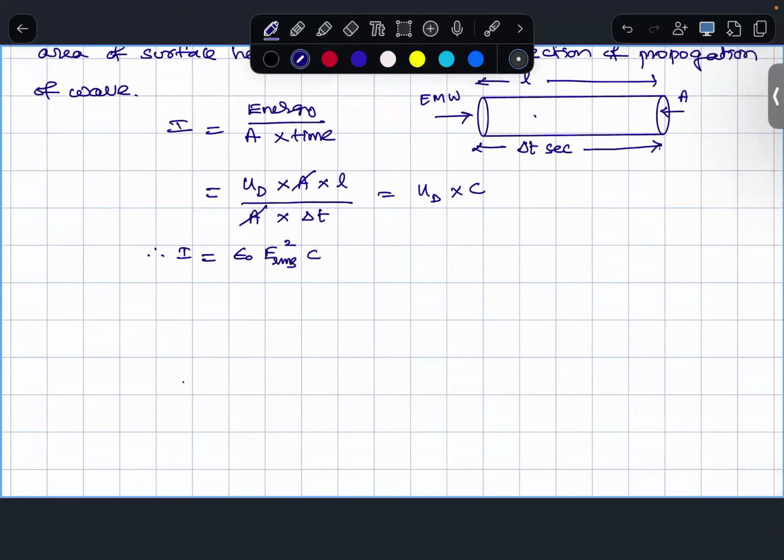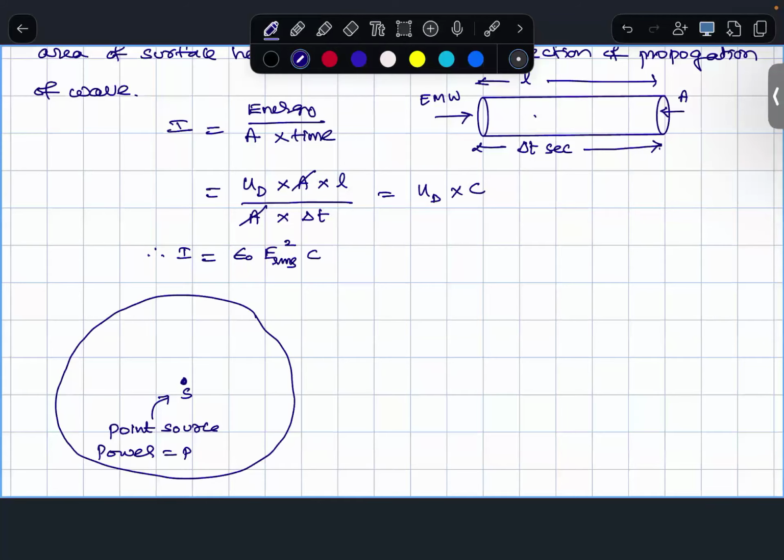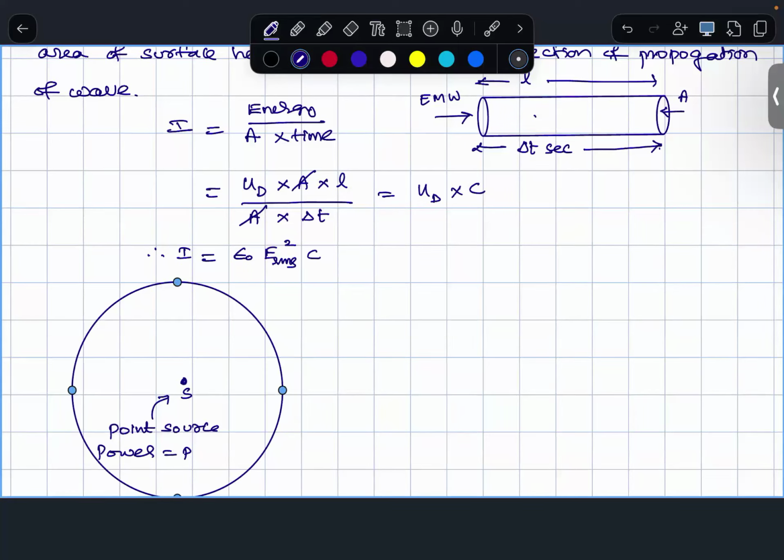Suppose I have a point source, a bulb, an LED, anything, with power equal to P. Now imagine the light from this source spreads symmetrically in all directions. So you can imagine the envelope of a sphere.